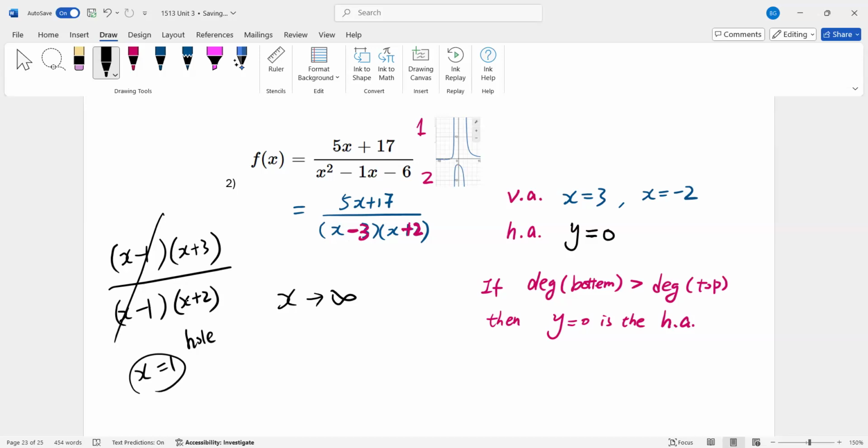You have to denote that x cannot be equal to 1. 1 will still make the original rational function undefined. So basically, the rational function has the same graph as this part, but is not defined at 1. So it has a hole at 1.